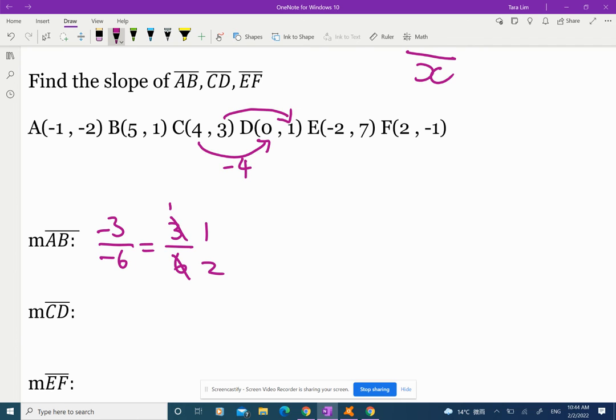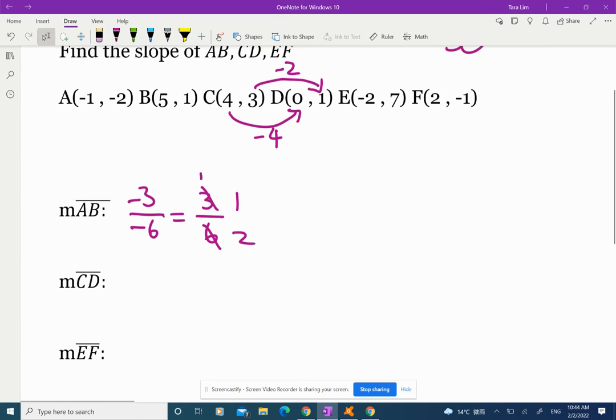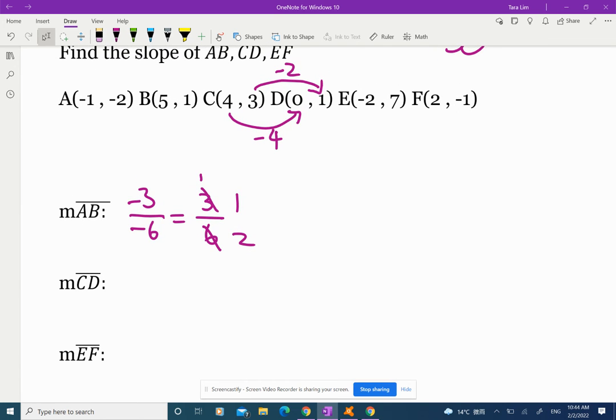And 3 plus or minus what is equal to 1. 3 minus 2 is equal to 1. Now, because we're using a fraction, it is y over x. So y is negative 2 and x is negative 4. Remember, don't get confused with the x and y. So negative 2 over negative 4 is 2 over 4, and that's the same as 1 over 2.